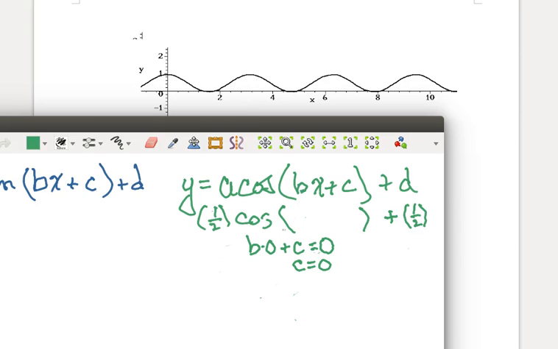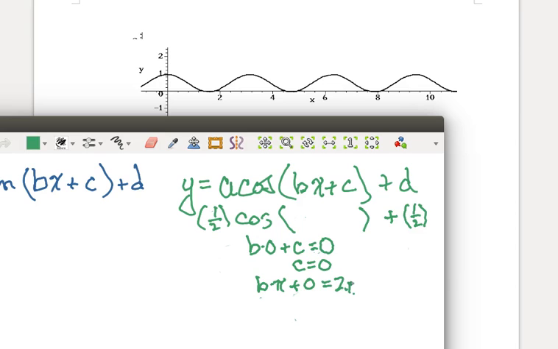So the end of the first cycle is going to be at pi, so b times pi plus c, and we decided that c was already 0, needs to be equal to 2 pi.